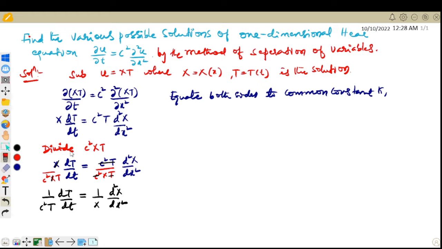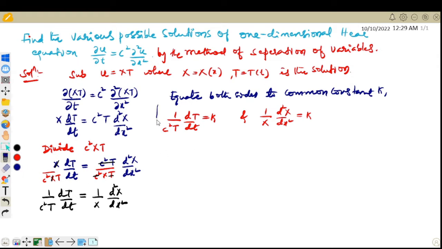On equating both sides to the common constant k, 1 by c square T into dT by dt is equal to k, and 1 by X into d square X by dx square is equal to k. I will write in the reverse order.